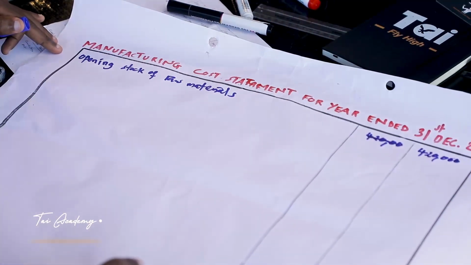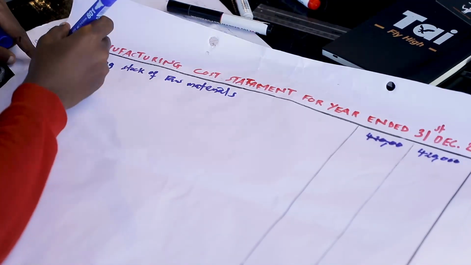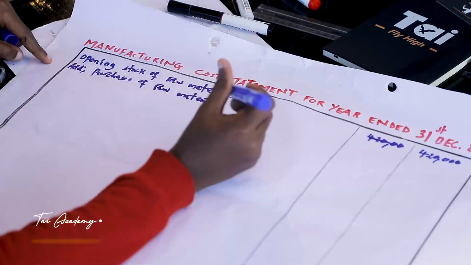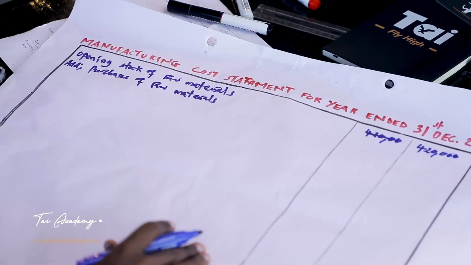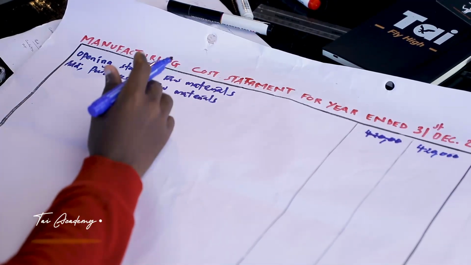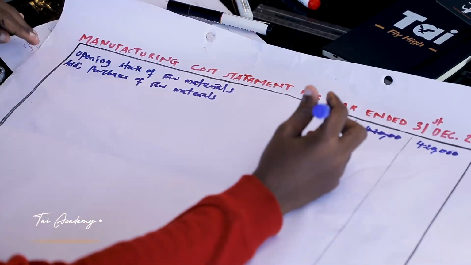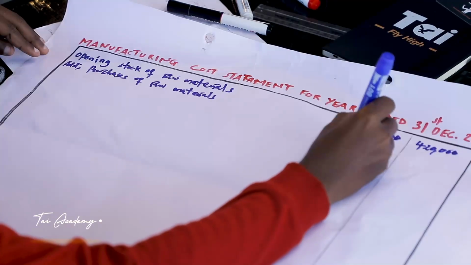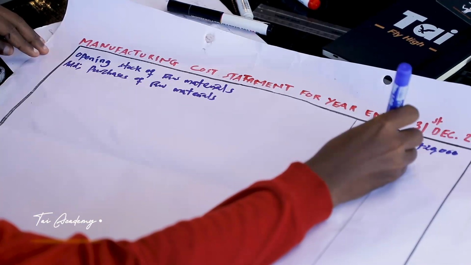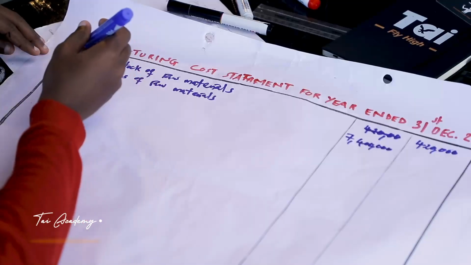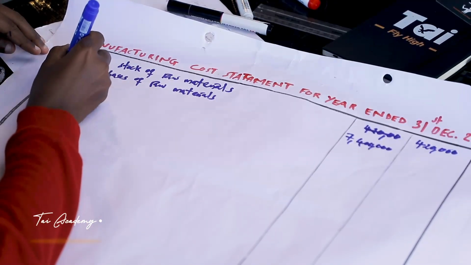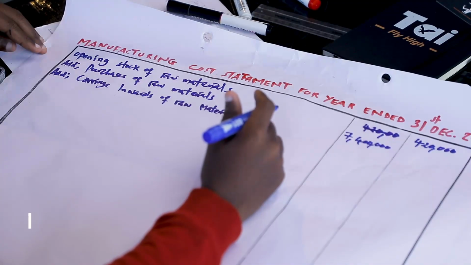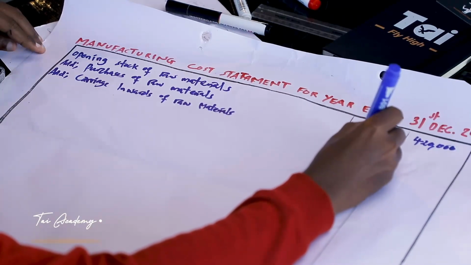After that, we should add the purchases of raw materials because it adds stock. But when you add purchases of raw materials, there is carriage inwards. So purchase of raw materials had a cost of 7,400,000. But also there was carriage inwards of raw materials, so we should add them. Add carriage inwards of raw materials, which has a cost of 70,000.